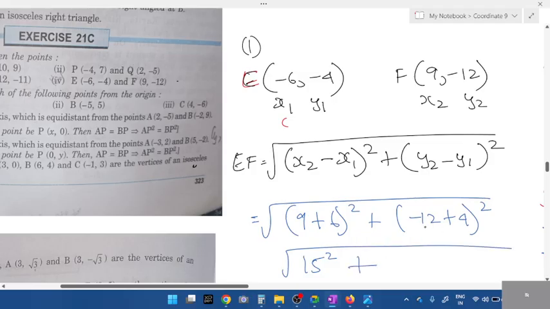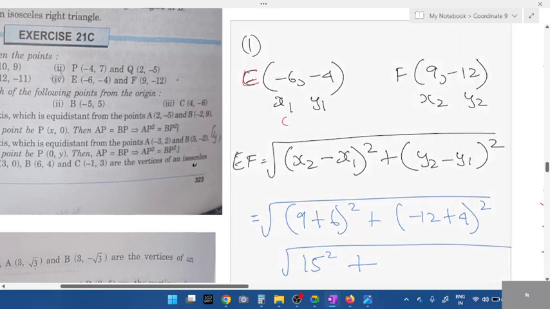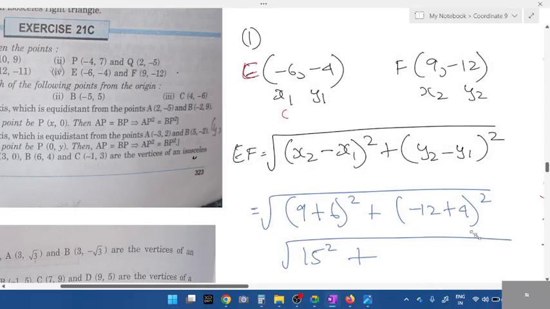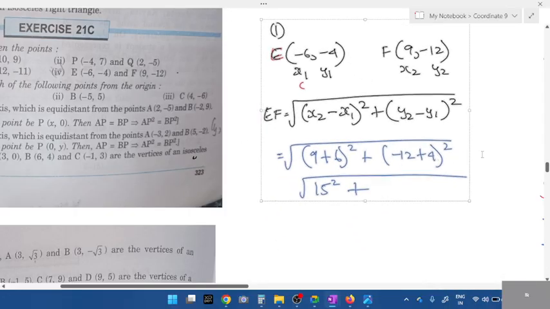You'll get a positive value. What is minus 12 plus 4? What's the answer, students? Minus, no, 6 square. 8 square is not 16. It's 64. Ignore the minus, students. You'll always get a positive value. So what is it? 64? Or can I write it as just 8 square?